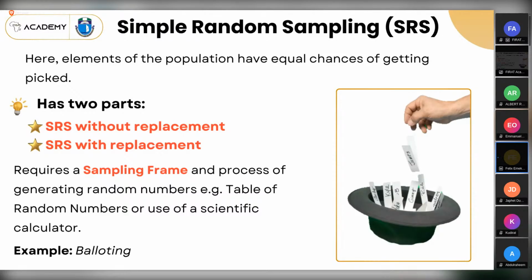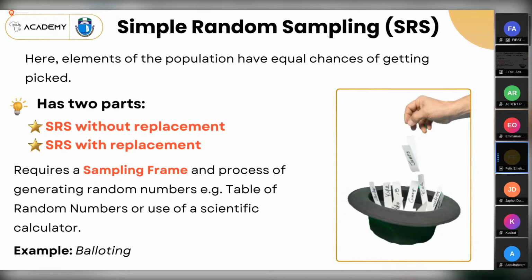You call participant 10, not there. So without replacement, you're not going to put that number 10 back into the bowl. You will keep it aside. That's sampling without replacement.